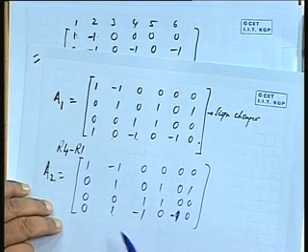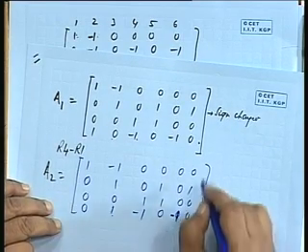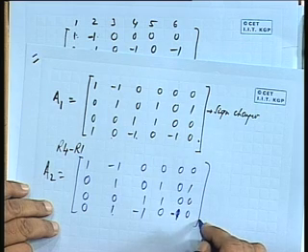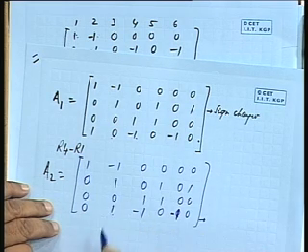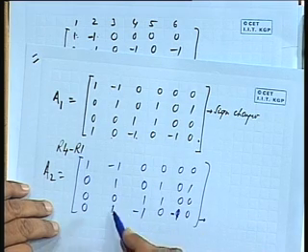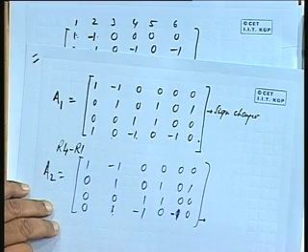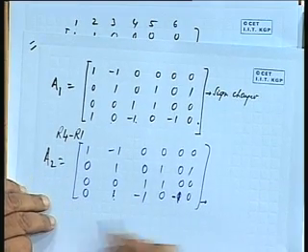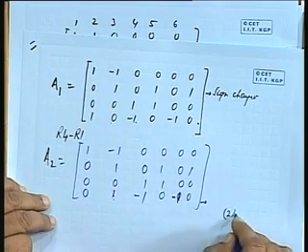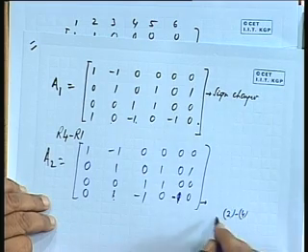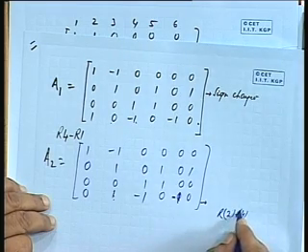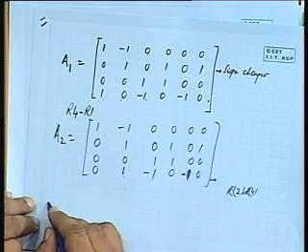and then what do you do? This is having 1 here. So, if I subtract this from this, row 2 minus row 4, what do you get?